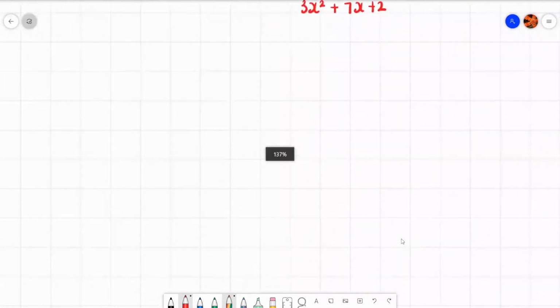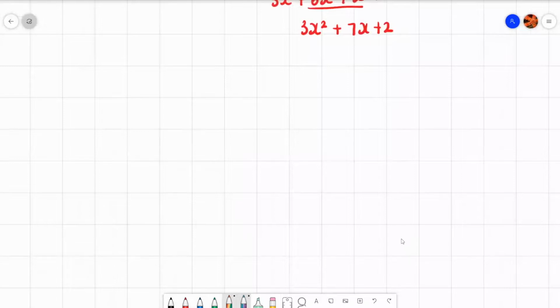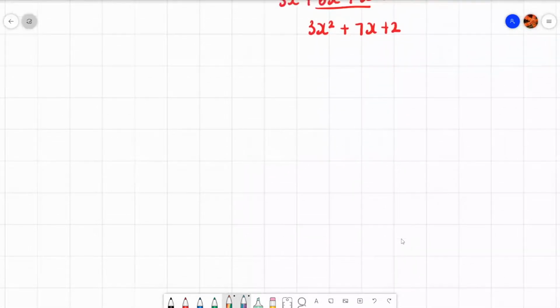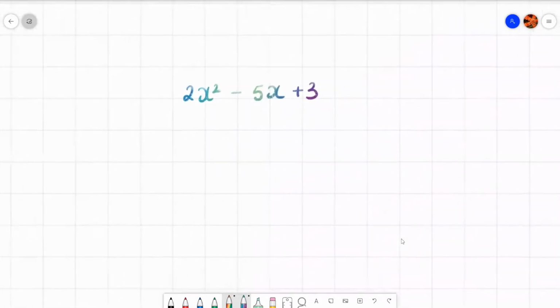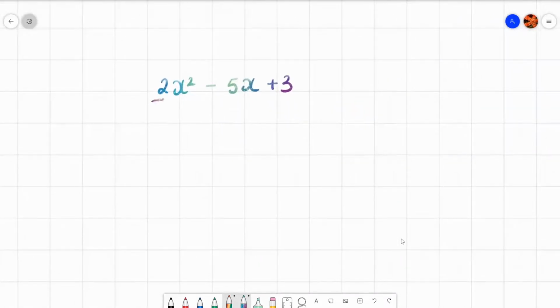Let's have a look at one more. Okay, this time we'll do 2x squared minus 5x plus 3. So your first step is to multiply your coefficient, which is 2, by your last number. 2 times 3, again, we ended up with the number 6.